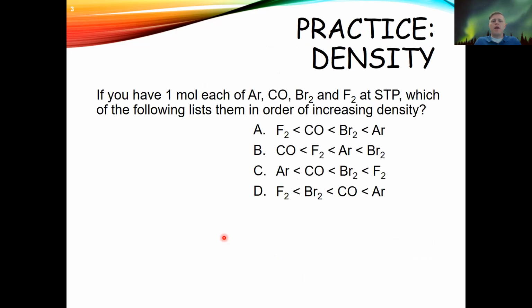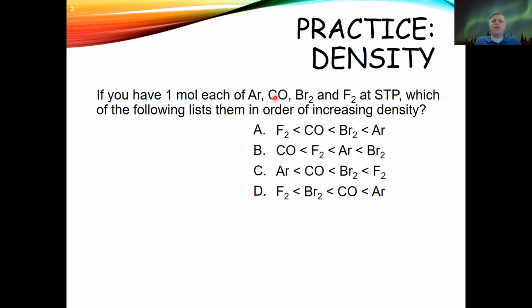Let's give you a practice problem with the ideas we just talked about. If you have 1 mole each of argon, carbon monoxide, Br2, and F2 at standard temperature and pressure, which of the following lists them in order of increasing density? I don't have the masses of all of these memorized, but I do know roughly where they are on the periodic table.